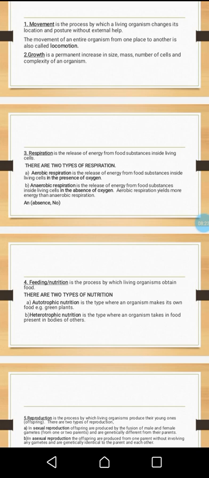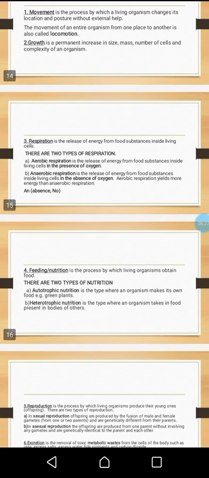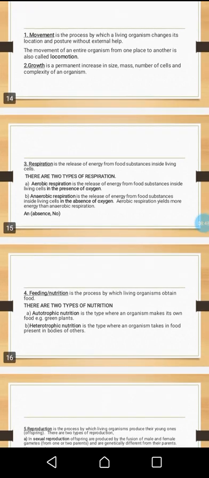Growth. This is the permanent increase in size, mass, number of cells, and complexity of an organism. So what this really means is an increase in size. A baby is young, the baby grows, becomes taller. That is an increase in size. Mass: it puts on weight, becomes fat.